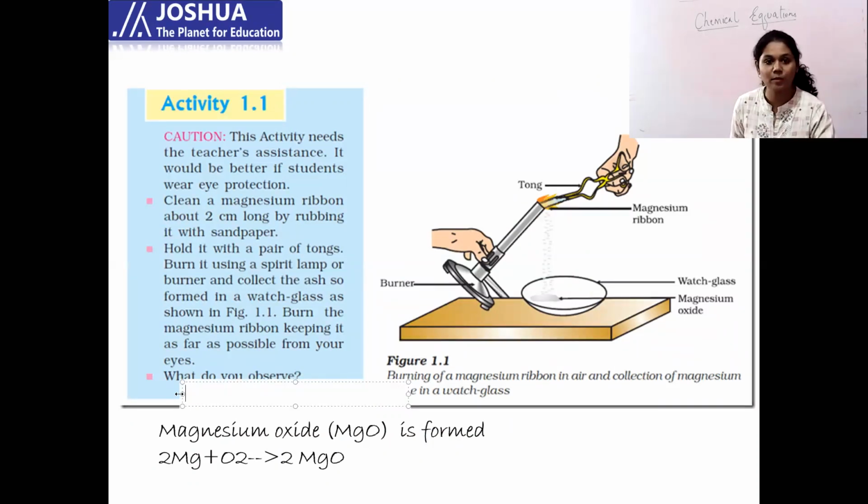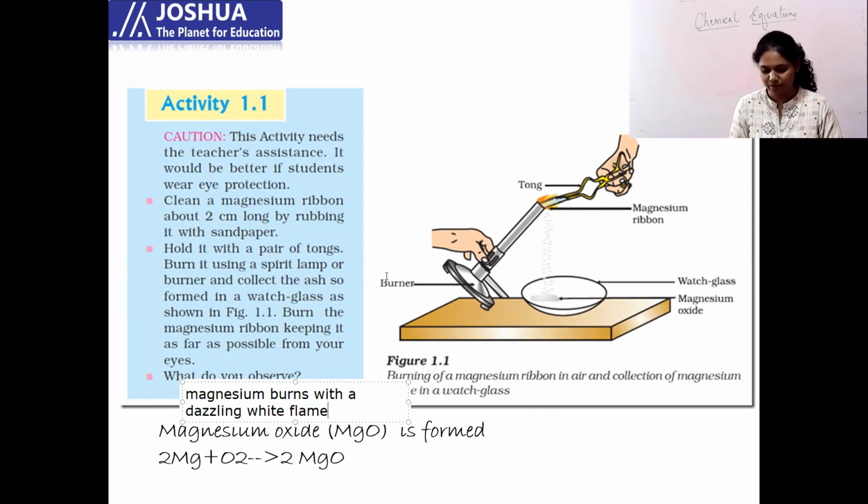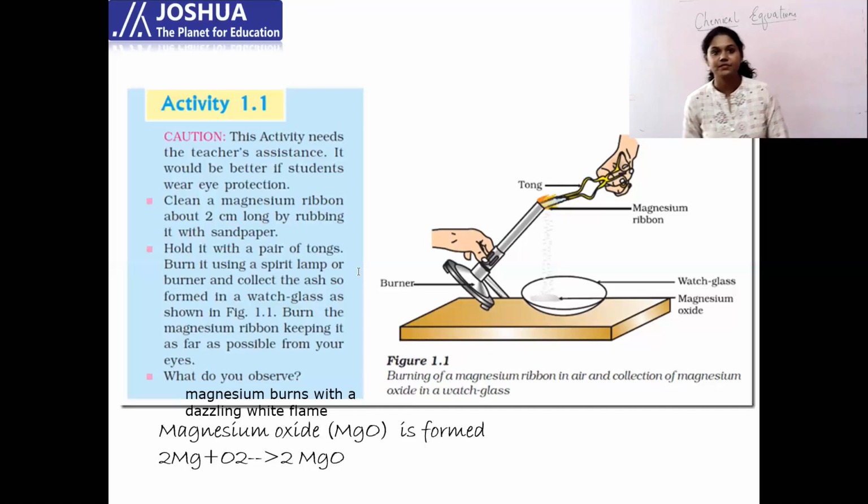Now make sure that you make a point of it: magnesium burns with a dazzling white flame. Did you write that in your textbook now? Yes? Now this is the first example for a chemical change.